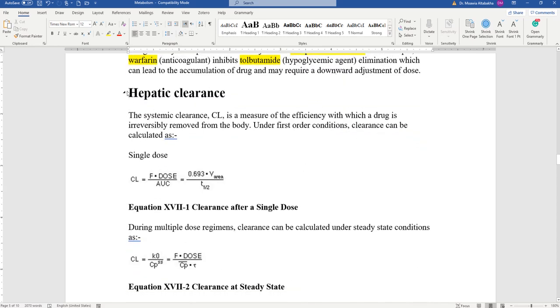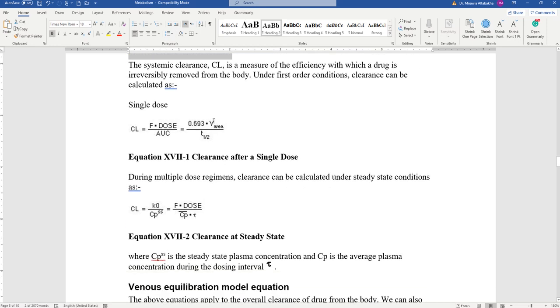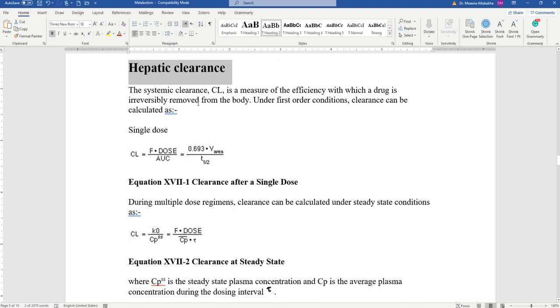طيب, now we will talk about hepatic clearance. Okay, and before we start talking about hepatic clearance, I want you to remember something. What is that?